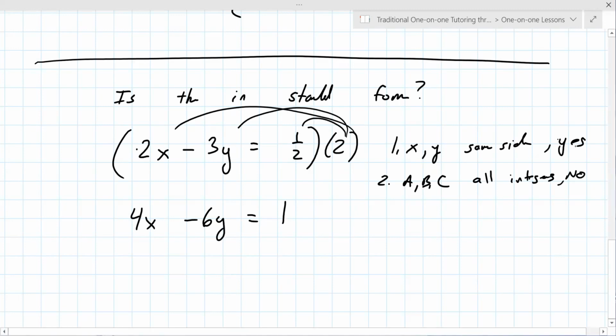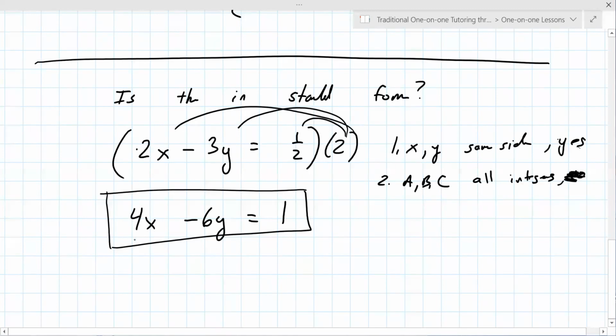Are x and y on the same side? Yes, they're on the same side of the equal sign. Are a, b, and c all integers? Is the number in front of x, the number in front of y, and this other number, are they all integers?